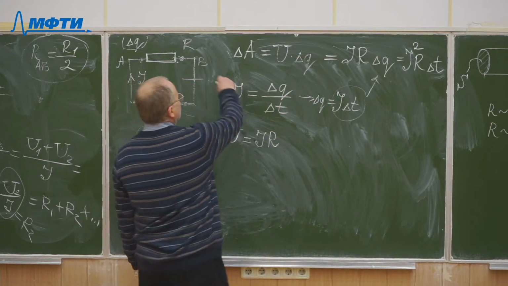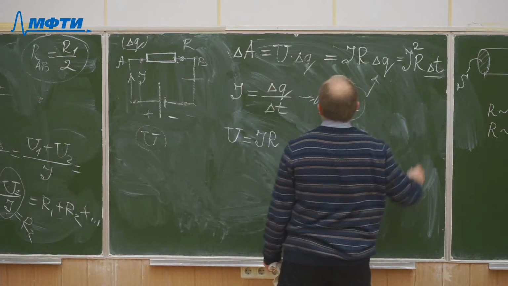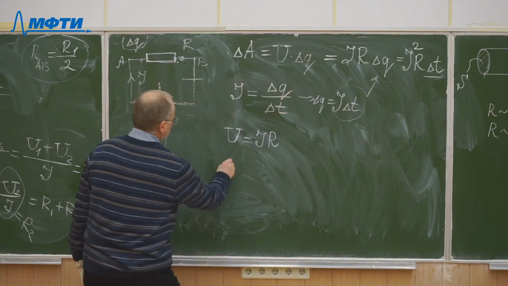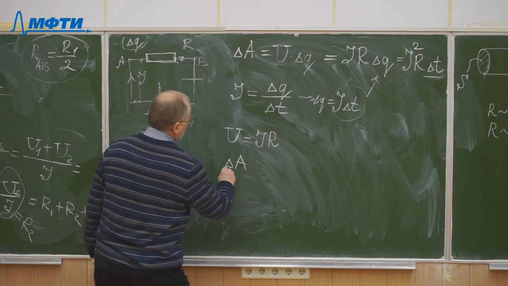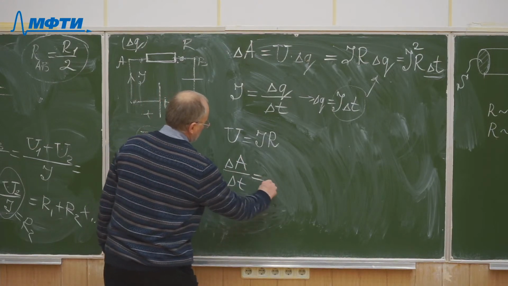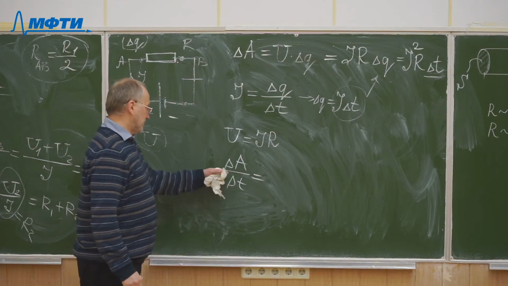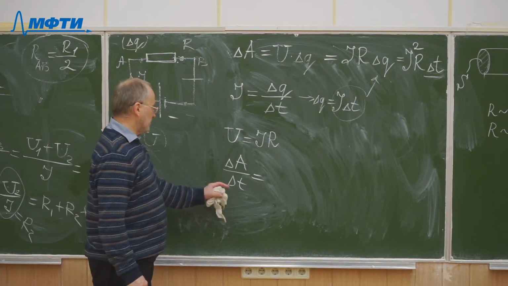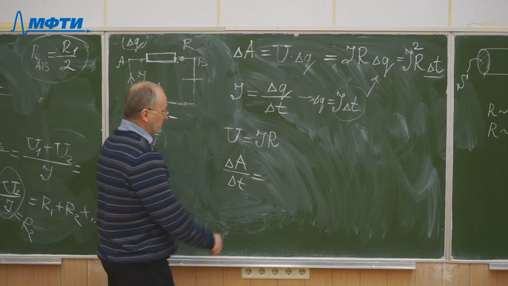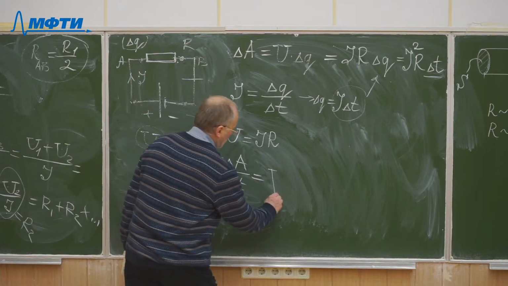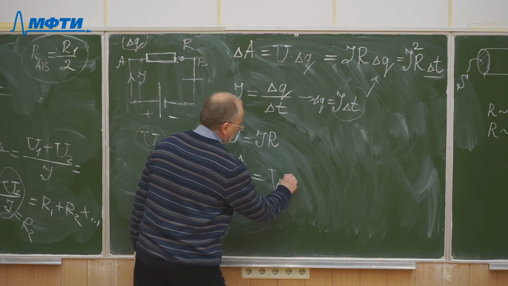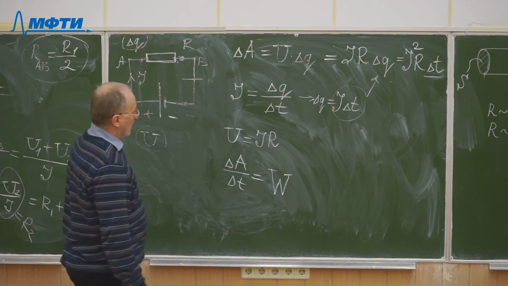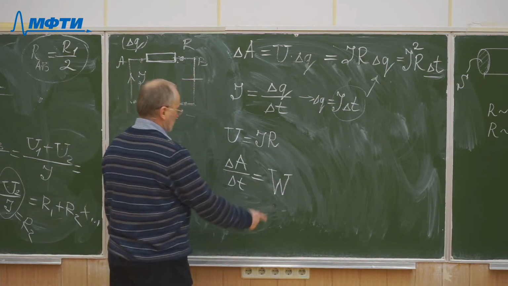If we divide this equation by delta t, then we will obtain delta A over delta t. What is delta A over delta t? That is the work performed during some time interval delta t. By definition, this is a power. This is the power of electric current, and the power is measured in watts.